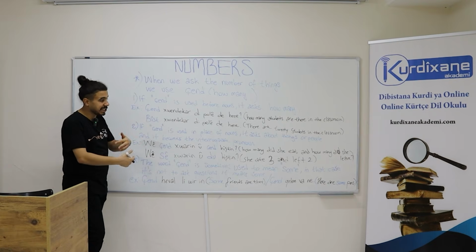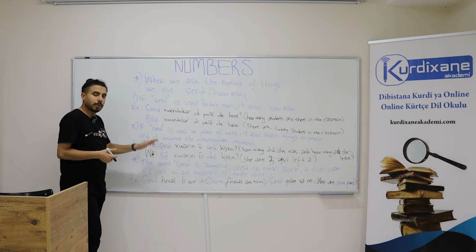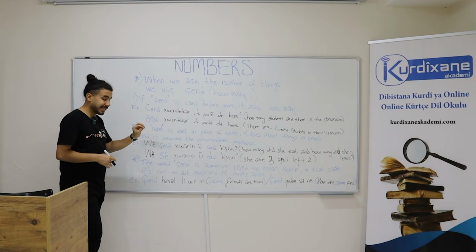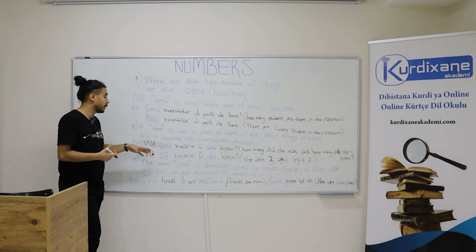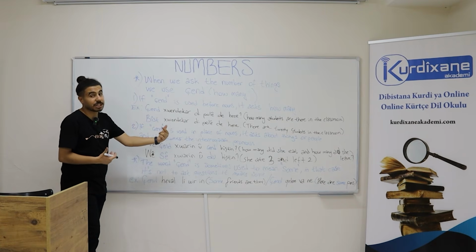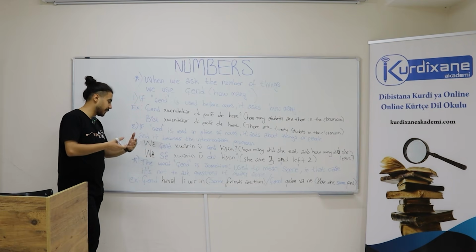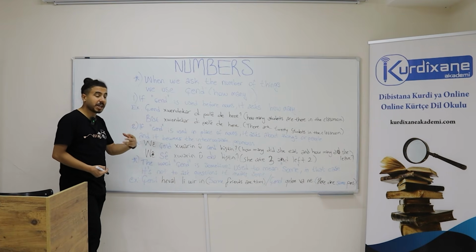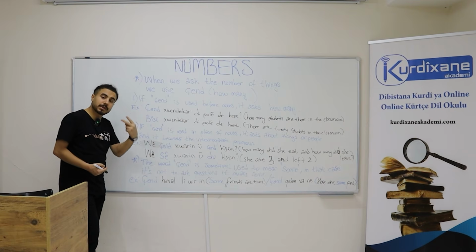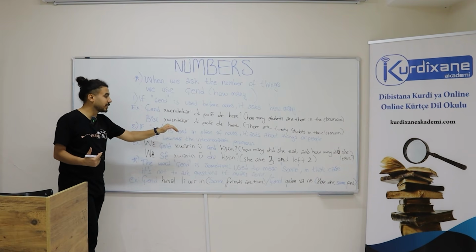How many apples did she eat and how many apples did she leave? But you omit that apple, instead of that, you use chend as an interrogative pronoun. We chend khwarin u chend hishtin, and like for the answer, you say something like we se khwarin u du hishtin. She ate 3 and left 2. That's how you use chend as an interrogative pronoun.